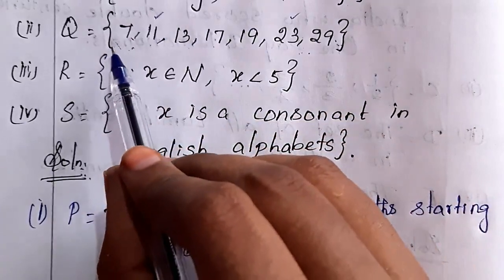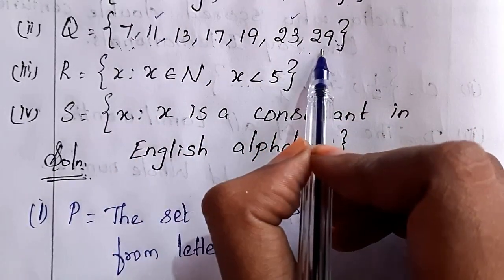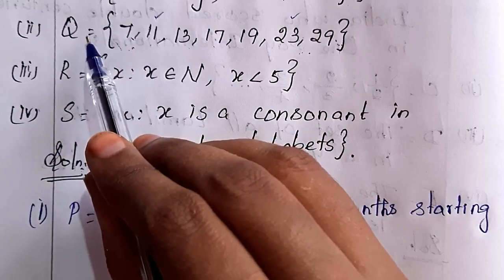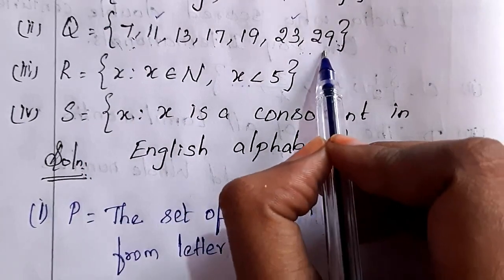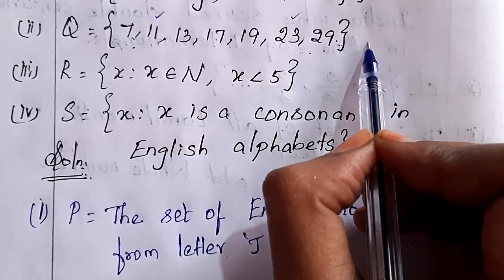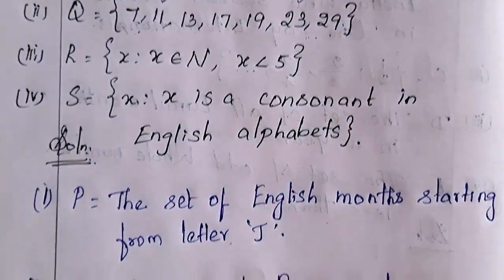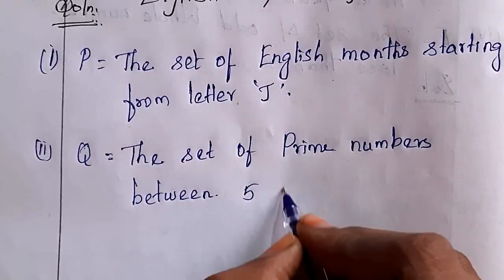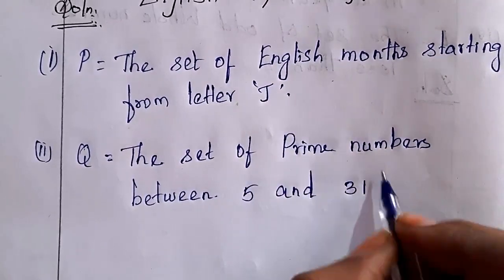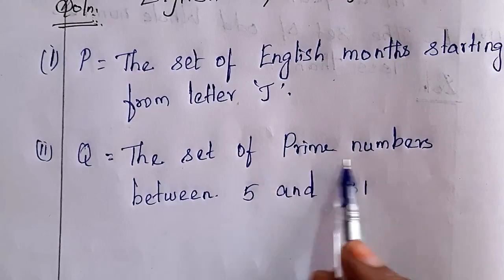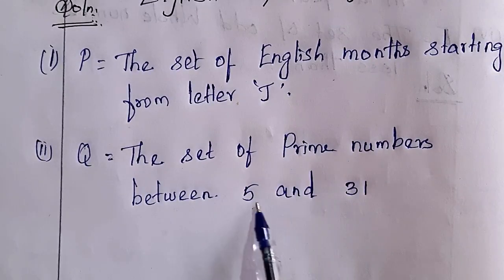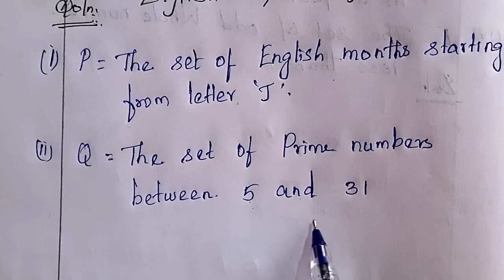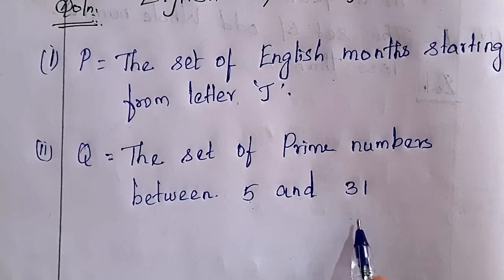So if you need 7 and 29, you have to write the neighbouring primes. What is the prime number before 7? 5. And what is the prime number after 29? 31. So we can write the set of prime numbers between 5 and 31. When you see this, you can write 7, 11, 13, etc. up to 29. Okay.